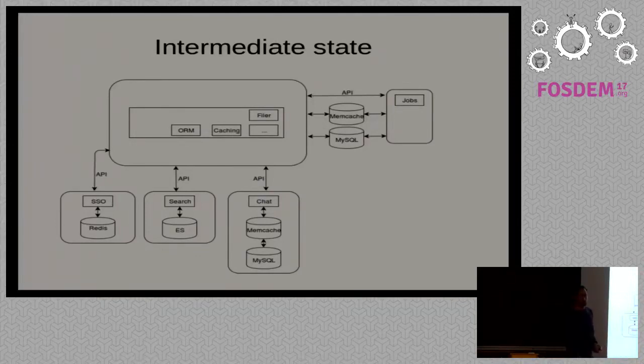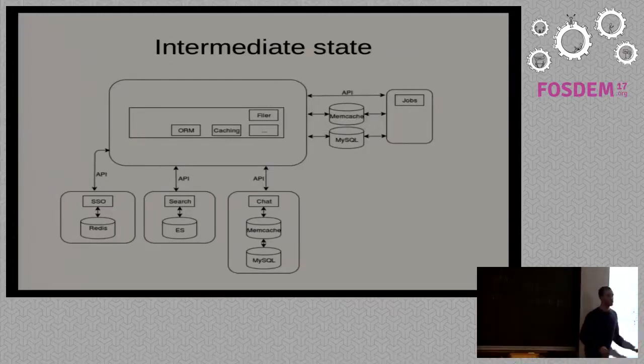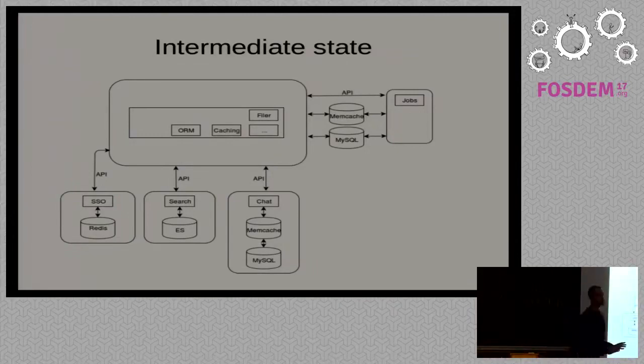Use what you want. Do it in PHP if you want. But the search never scales at the same rhythm as the rest of the application. It depends on your application, but usually scaling the search has a big need.